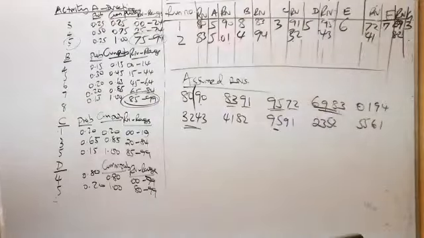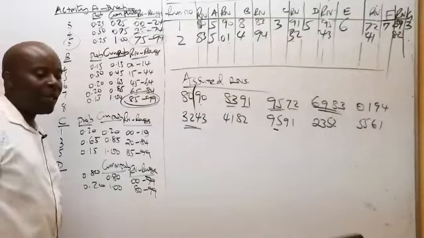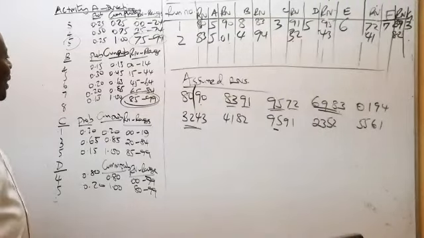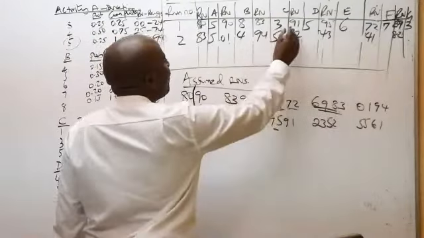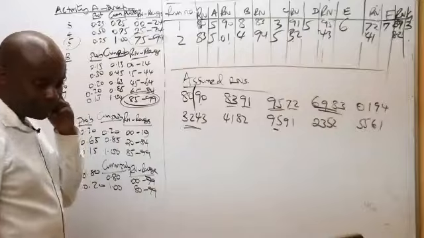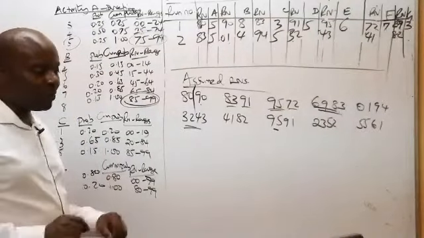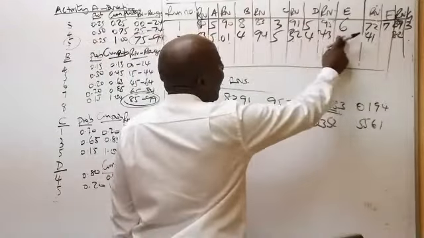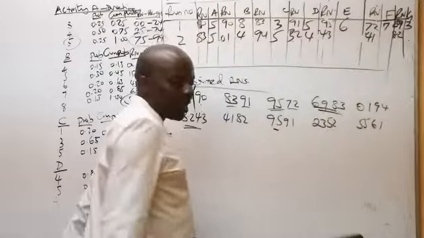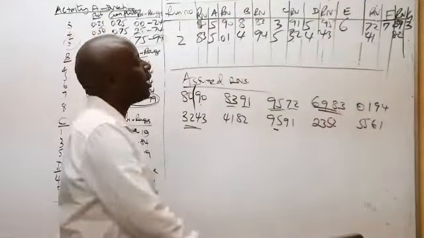How about 94 for C? 94 for C. They say it is 5. Thank you very much. 32 for D. We're trying to estimate. 32 for D they say it is 4. How about 43 for E? 43 for E they say it is 5.